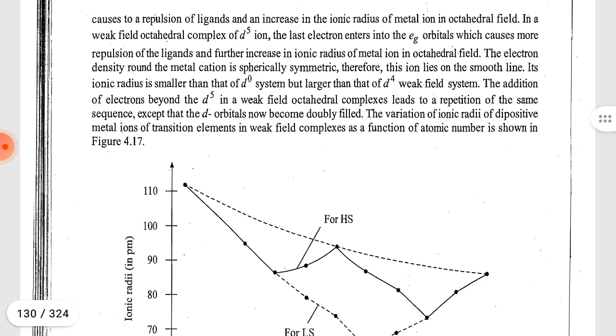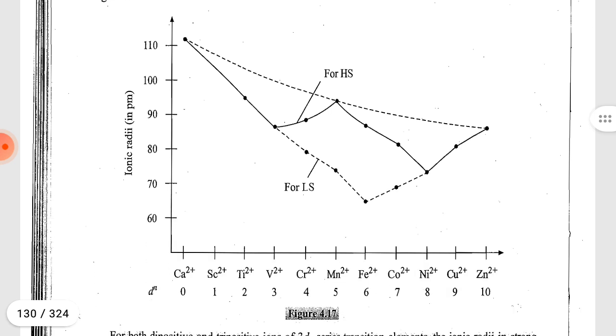The variation of ionic radii of dipositive metal ions of transition elements in weak field complexes as a function of atomic number is shown in figure 4.17. Ionic radii in picometer.